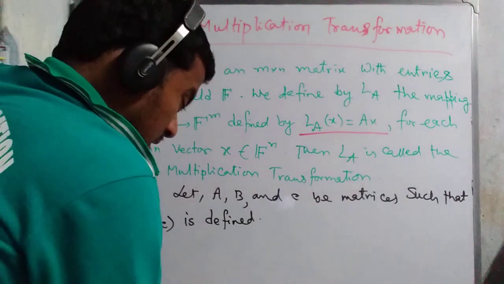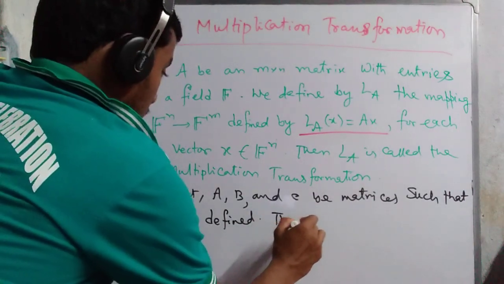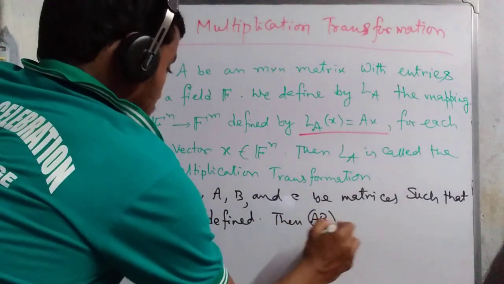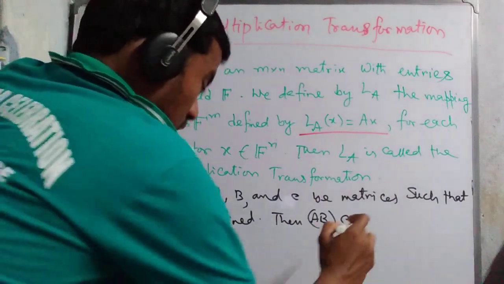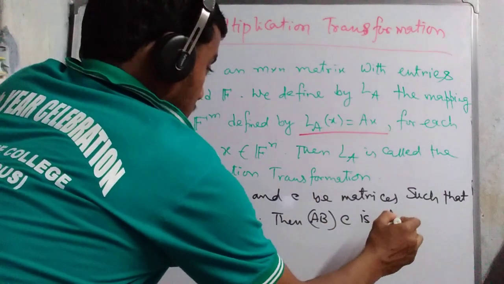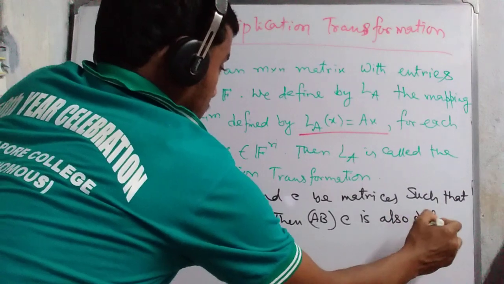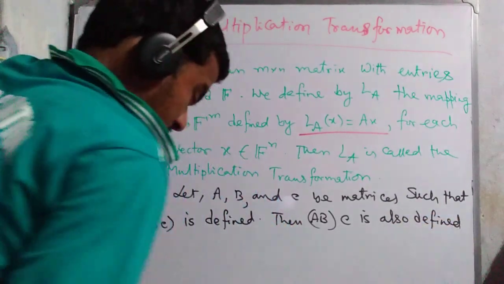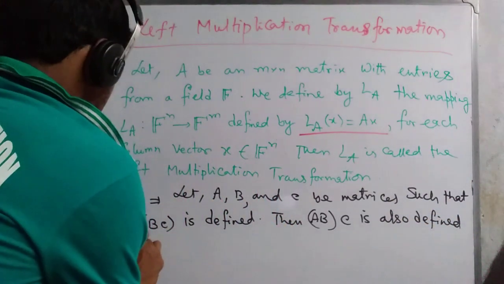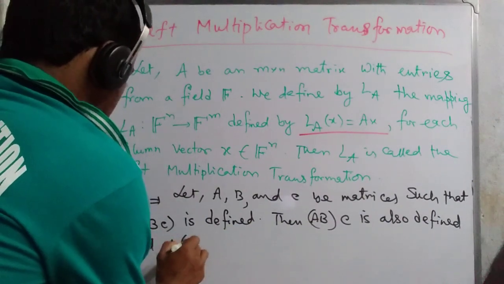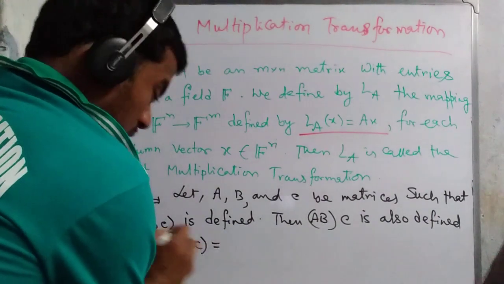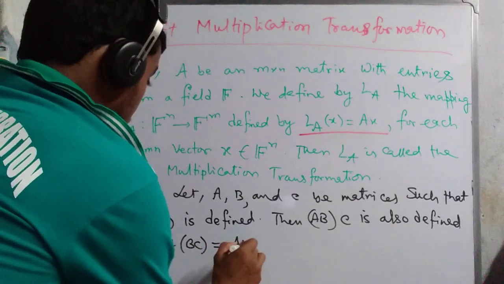Then (AB)C is also defined, and A(BC) equal to (AB)C.